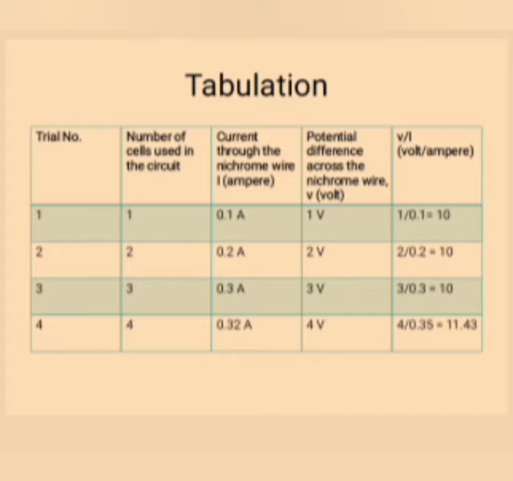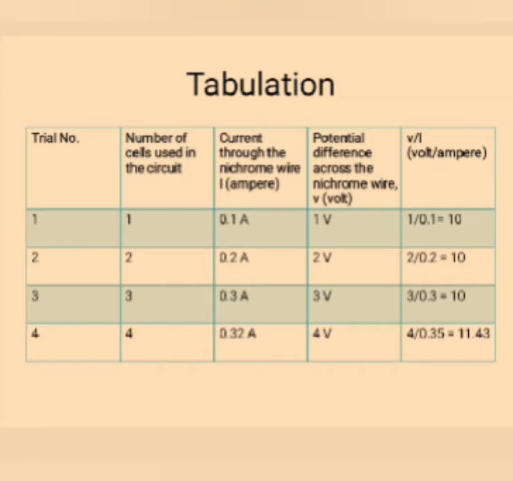Look at this table. When one cell is connected, current in the ammeter is 0.1 ampere. The potential difference across the nichrome wire is 1 volt. When two cells are connected, current in the ammeter is 0.2 ampere.